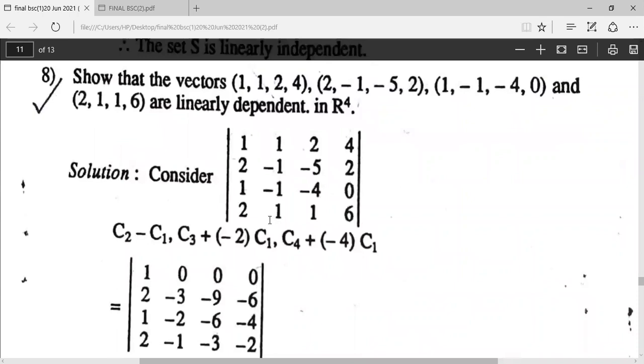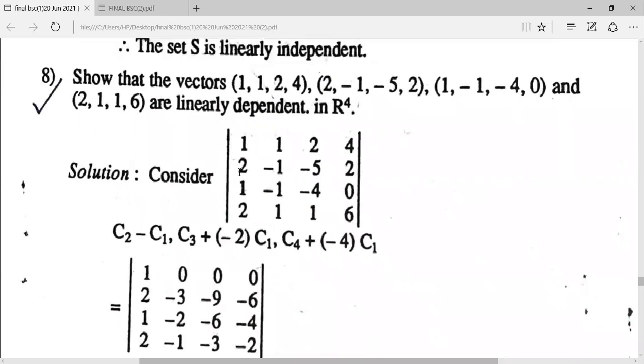Once you operate this, C2 minus C1 is 1 minus 1 is 0, -1 minus 2, that is -3, -1 minus 1, that is -2, 1 minus 2, that is -1. Similarly, C3 minus 2C1: 2 minus 2, 0, -5 minus 4, that is -9, similarly -6 and -3.